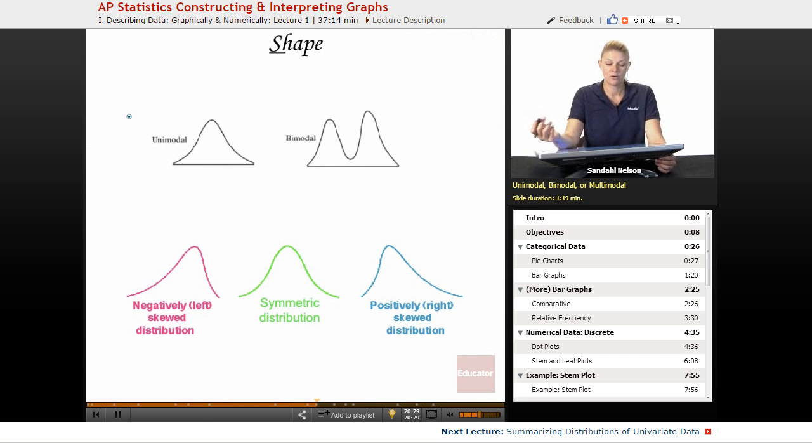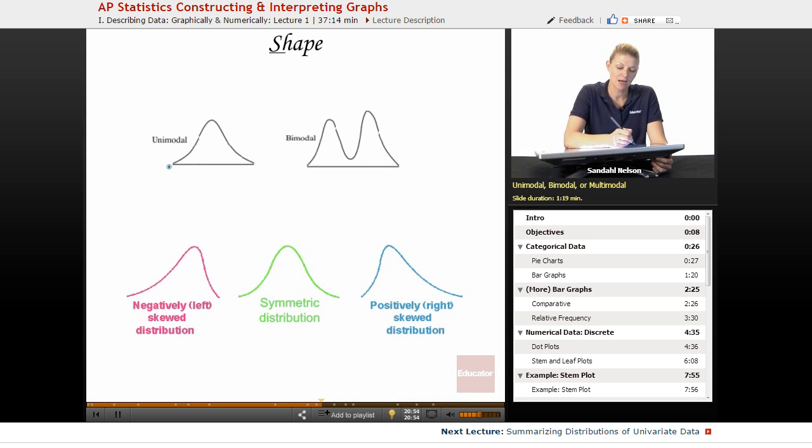Okay, so the shape of your distribution. So really, we only talk about shape when we have numerical data, right? Because categorical data, it wouldn't really make sense because you could put it in any order so the shape would change. So we can talk about a shape when we have discrete numerical variables, or if we have continuous numerical variables.